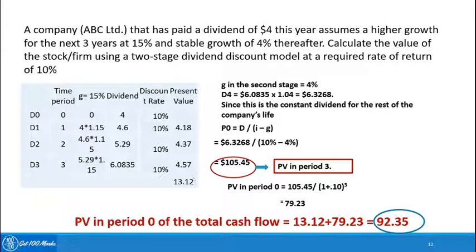Now the second step here is that the dividend grows at a rate of 4% from year 4, which means 6.0835, which is the dividend in year 3, now grows at 4%. That's what you see here. D4 has been calculated by multiplying 6.0835 with 1.04, and you arrive at 6.3268.